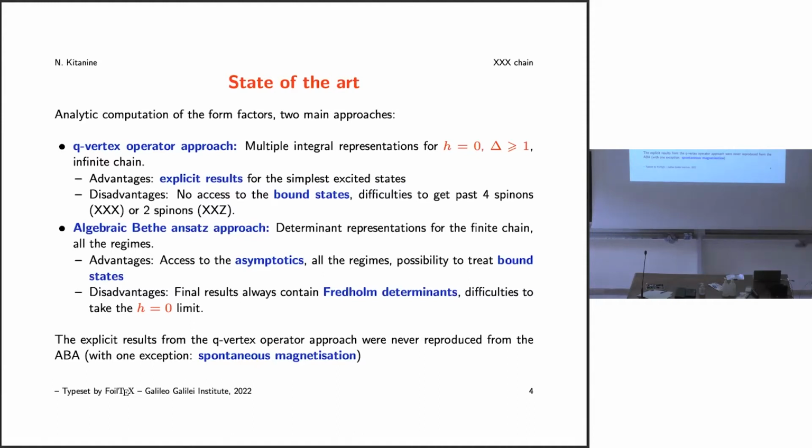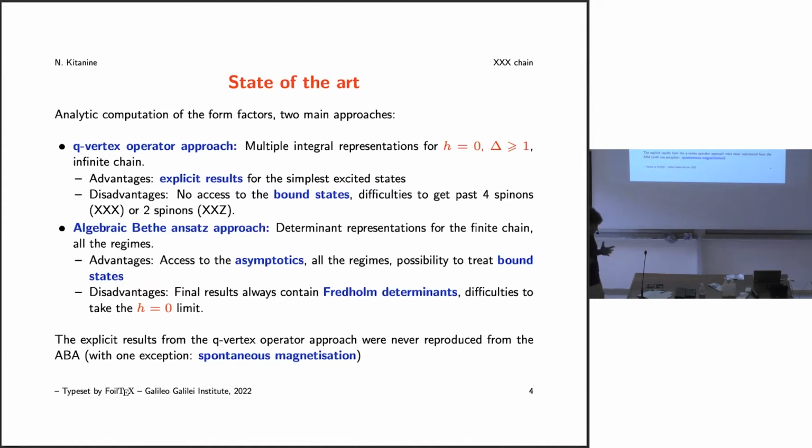So first of all, there is the q-vertex operator approach introduced by Jimbo and Miwa, and there are lots of advantages of the computation. It gives you very explicit formulas, sort of multiple integral representations. Well, it works for the massive regime for zero magnetic field, and it's a very powerful tool.